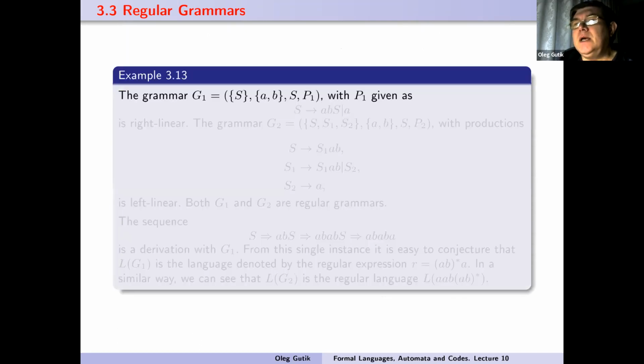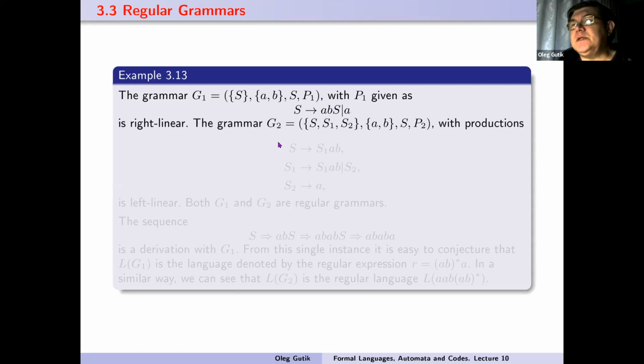Example. A grammar G1, with a single set as our alphabet a, b, and S, and P1, with P1 given as S into abS, or S into a, is right linear.